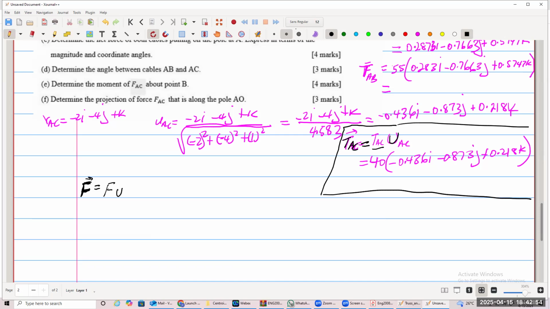So it's a scalar force times the unit vector. That's a formula I want you to remember.